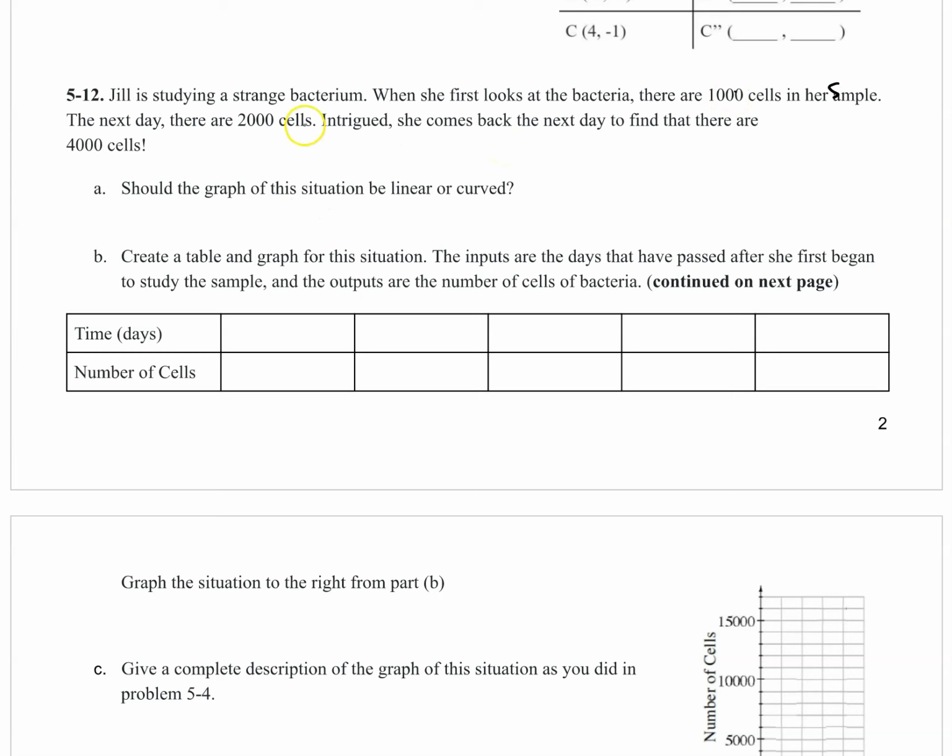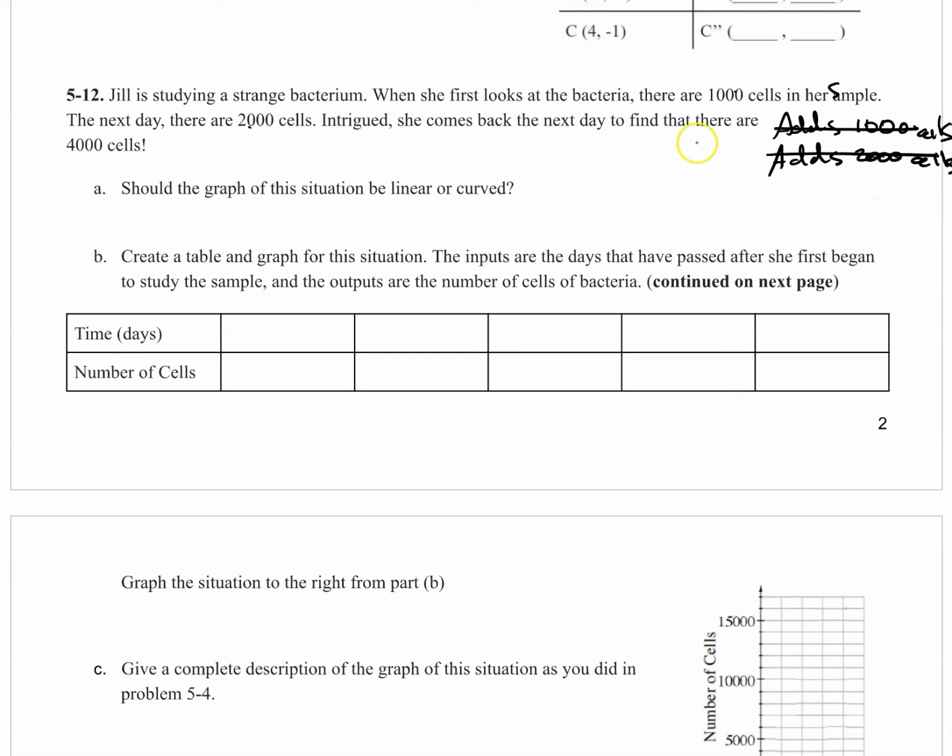Well, from day 1 to day 2, it adds 1,000 cells. And then after that, we go from 2,000 to 4,000, so it adds 2,000 cells. So there's no constant addition pattern, so addition is out.